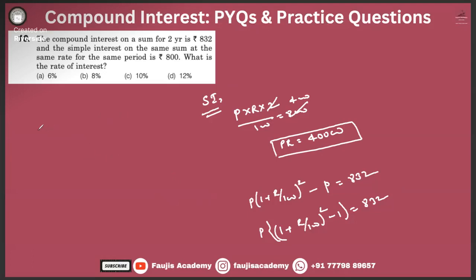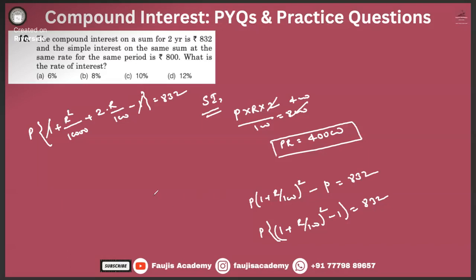Yeah. So P into A square plus B square plus 2AB minus 1 is equal to 832. Right. This one gone.